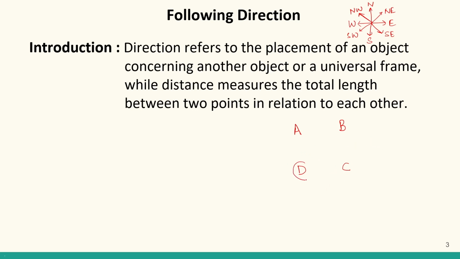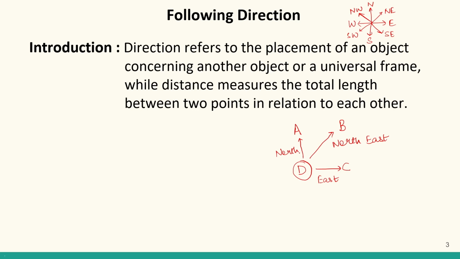With respect to D, A will be to the north of D. Similarly, C will be to the east of D and B will be to the northeast of D.